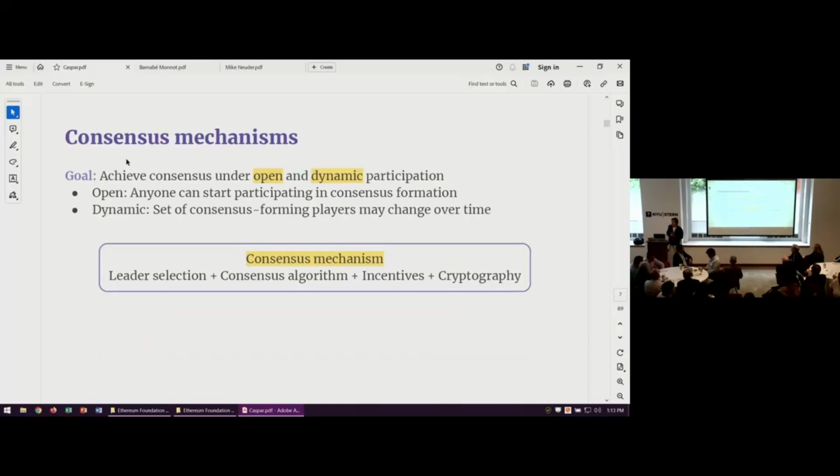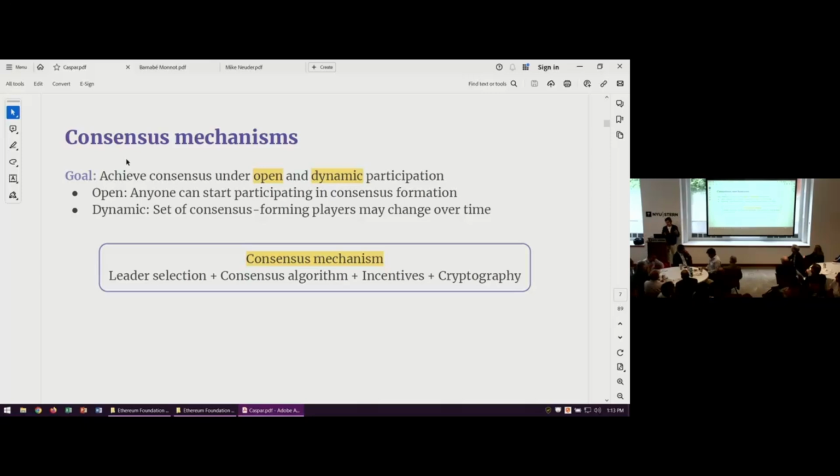Now, what's the consensus mechanism and what are we trying to achieve here? We're trying to come to consensus under open and dynamic participation. So we want anyone to be able to join the consensus formation process, and we want it to be dynamic, meaning that these participants should be able to come and go as they please. This consensus mechanism has a few ingredients that we need.